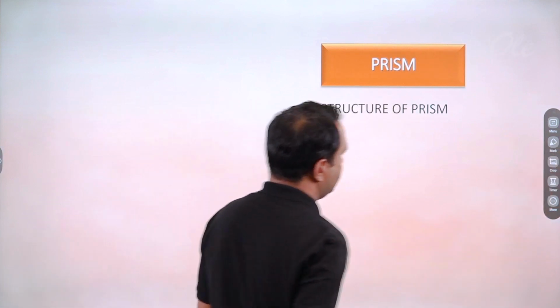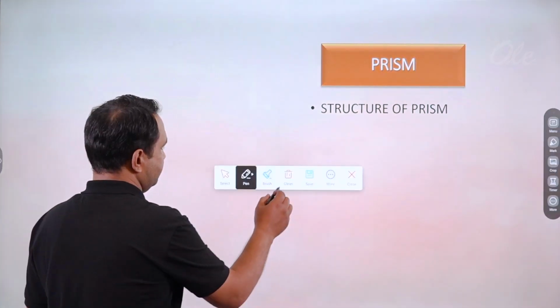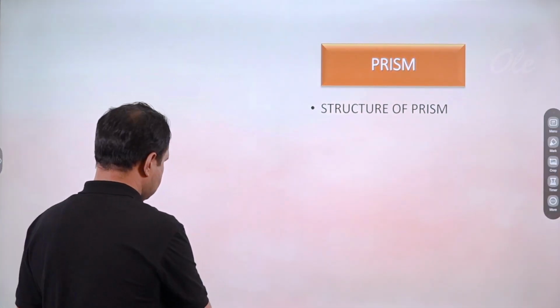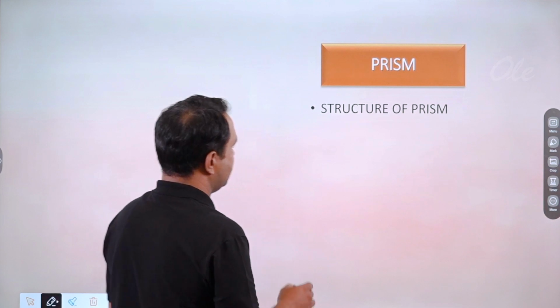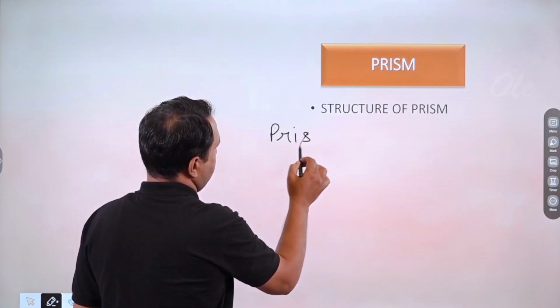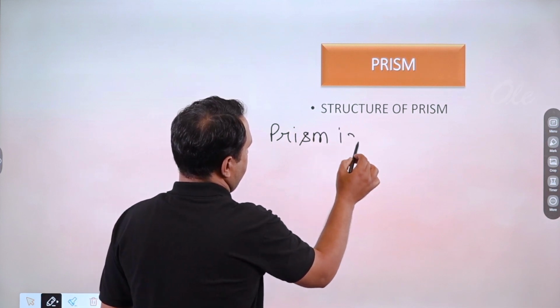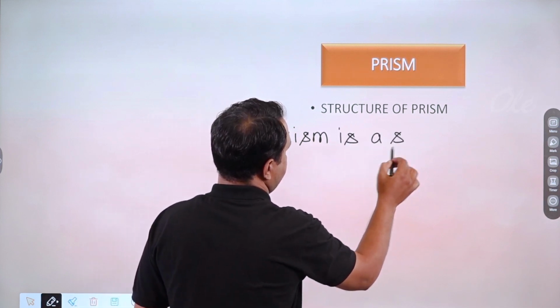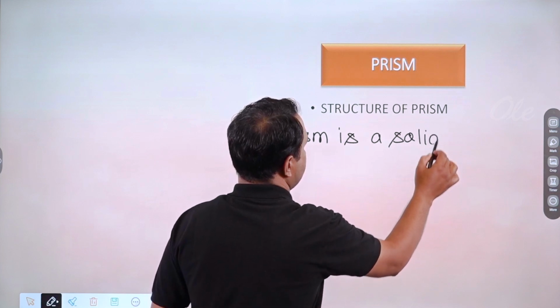What is a prism? We'll write down the definition first of all. The prism is a solid, as it is made of glass.